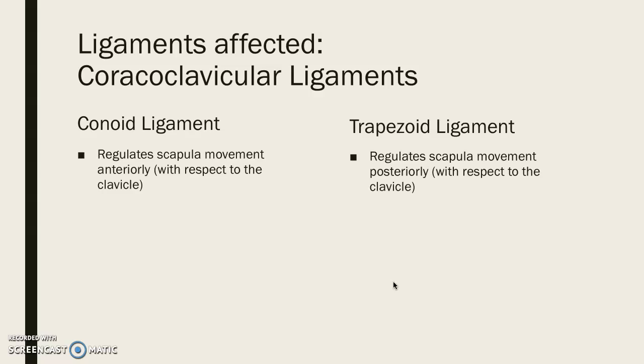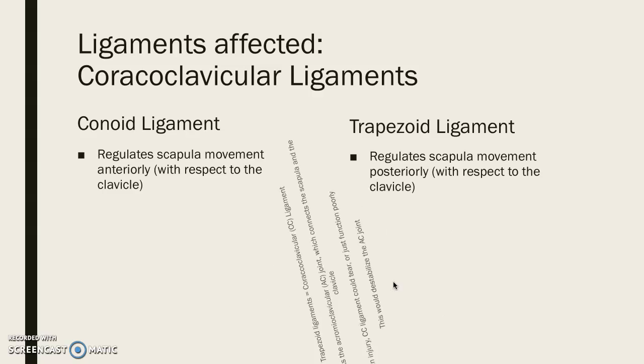Some ligaments that are affected: the coracoclavicular ligaments, which are made up of the conoid and the trapezoid ligaments, could be affected. The conoid ligament regulates scapular movement anteriorly with respect to the clavicle, and the trapezoid ligament regulates scapular movement posteriorly with respect to the clavicle.